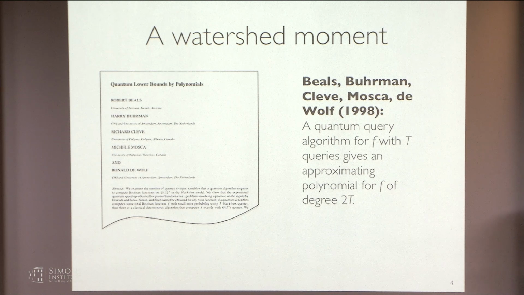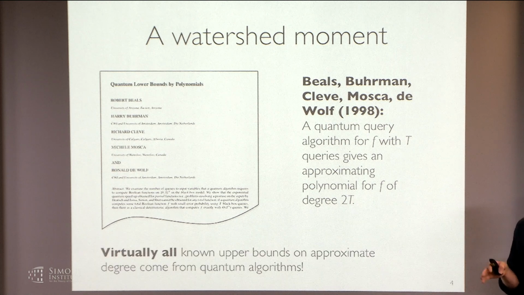So having a quantum algorithm for a function gives you automatically a polynomial approximating that function that has the same complexity. And since then, virtually all known upper bounds on approximate degree have come from quantum algorithms.